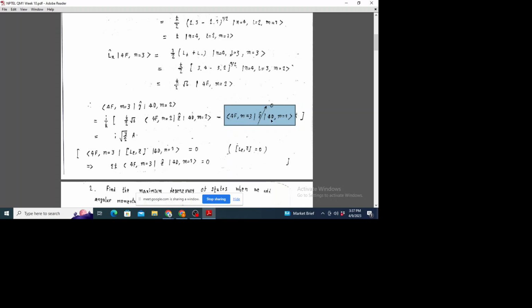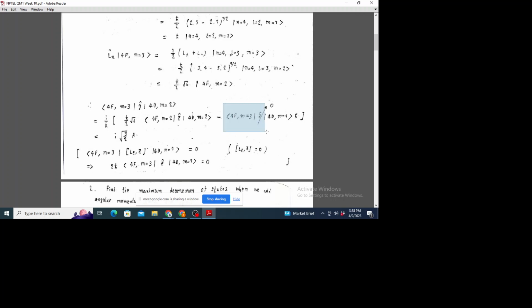So the matrix element of Z between two eigenstates corresponding to different eigenvalues of LZ will be 0 because of the simultaneous diagonalizability property, and which comes from the fact that LZ and Z mutually commute.